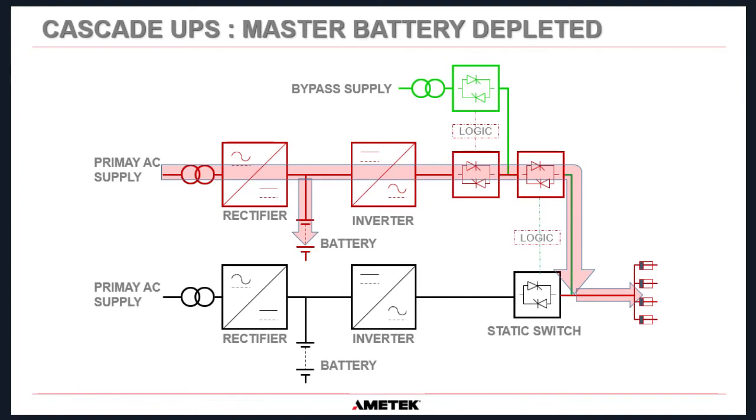So this is the static switch for UPS-A, and what happens is that allows power from UPS-B now to feed through its own static switch. So this is the static switch within UPS-B. That flows into the static switch for the bypass on UPS-A and into the load circuits. So we still have clean, filtered, pure AC going into our load circuits.